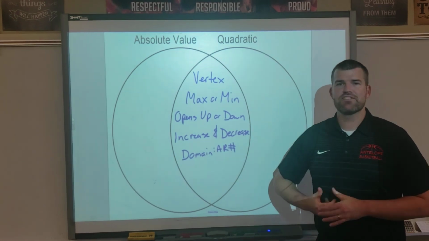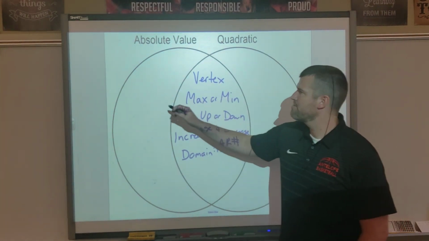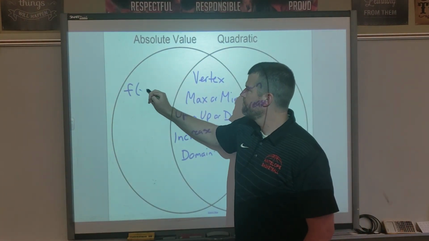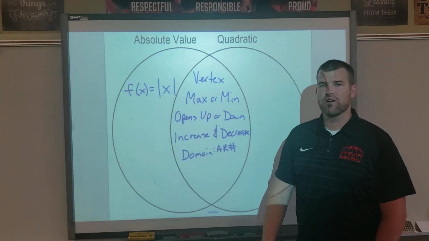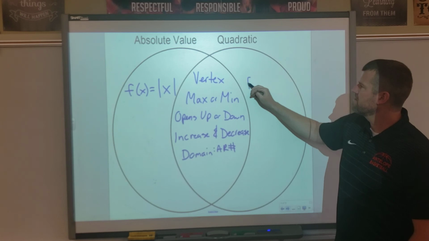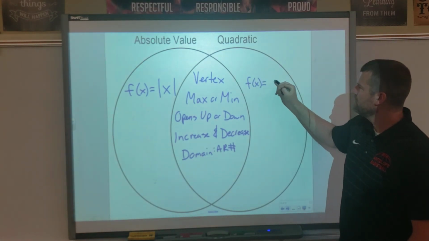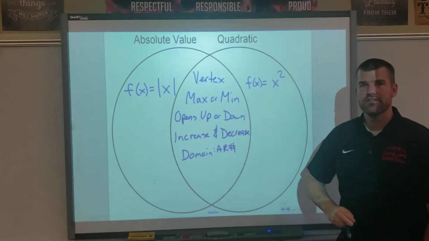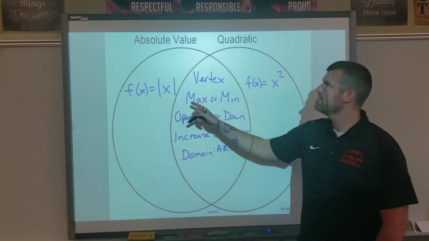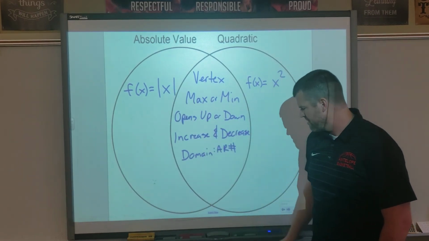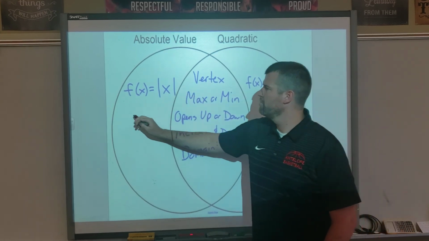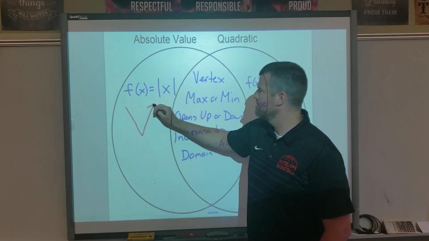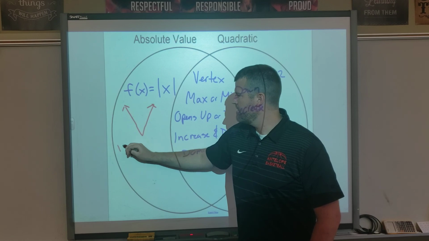But there's a couple things that are very different. So absolute value is going to be bars, right? Absolute value bars. Whereas quadratic is going to be squared, right? So quadratic is squared, absolute value is bars. And then the biggest difference is the graph of absolute value will be V-shaped.